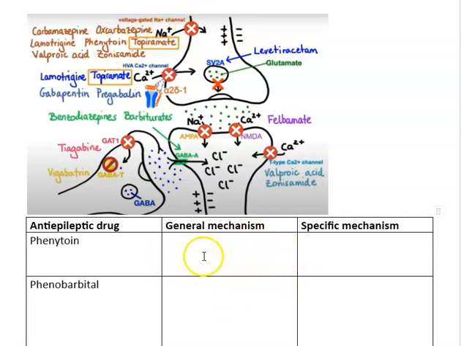So what is its general mechanism of action? So in that one, we'll practice together. I will model, and then I expect you to be able to do the rest. So for this one, this is going to be a sodium channel blocker. So phenytoin, sodium channel blocker, right? We did the first one together.